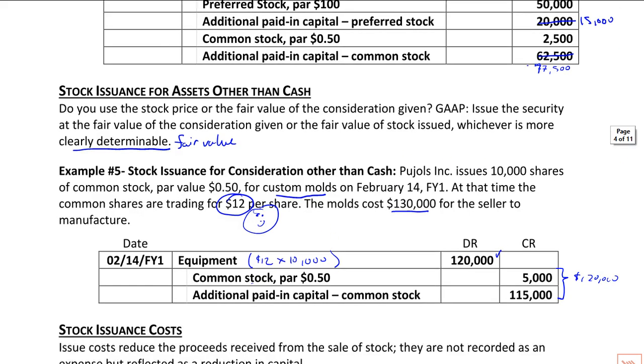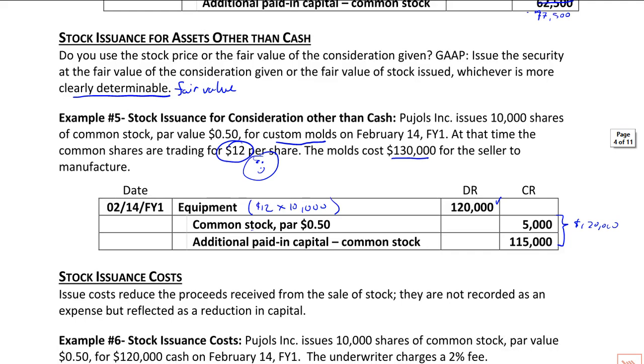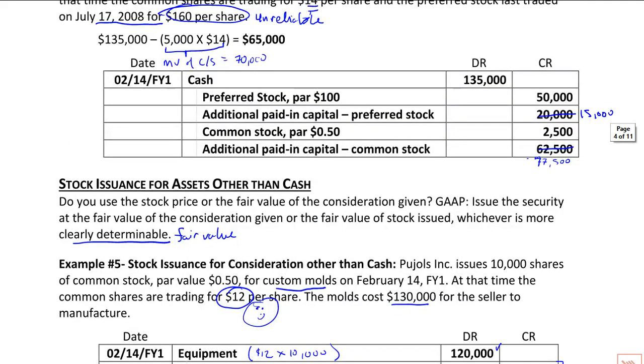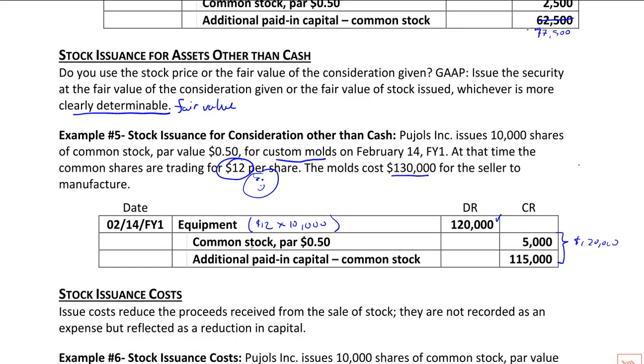Okay, not a tough one. More clearly determinable fair value. Now, if it says the company stock hasn't been traded in 5 years and that similar molds sell for 140,000, then that would be the fair value, whichever is more clearly determinable.